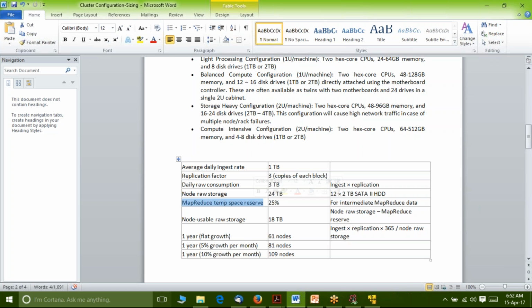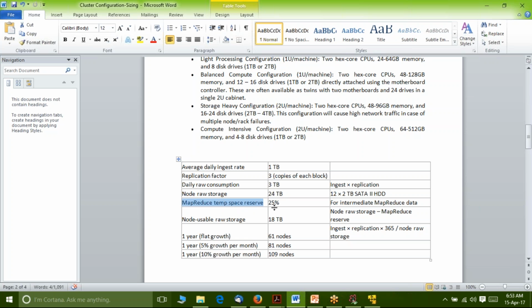When the job execution happens in multiple phases, we need to have the provision to store the intermediate data till the job completes the execution. Once the job completes, we throw that out. But till then, it needs to be stored somewhere. To make that possible, 25% of the storage is dedicated as a MapReduce temp space reserve.